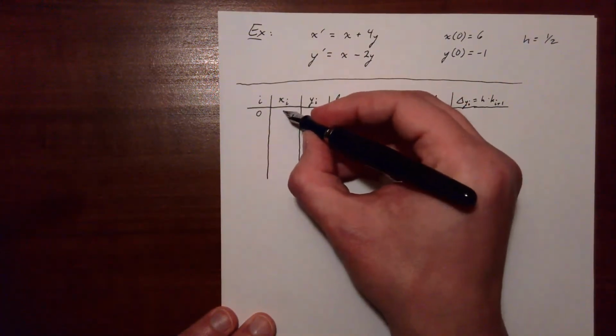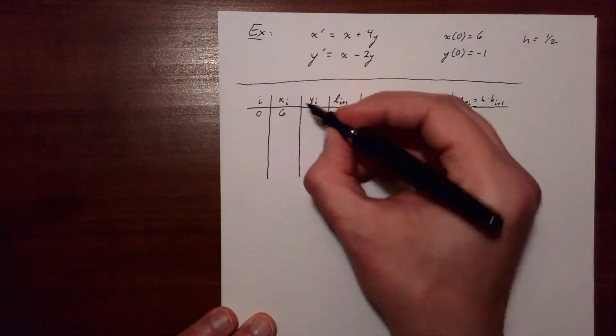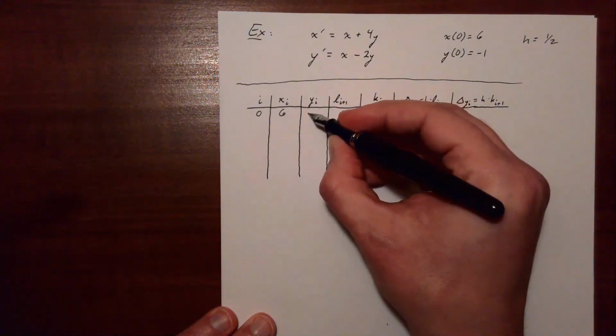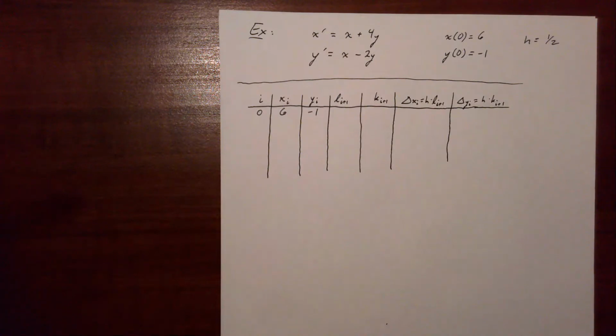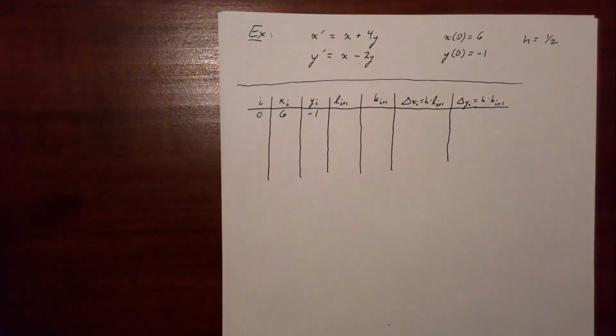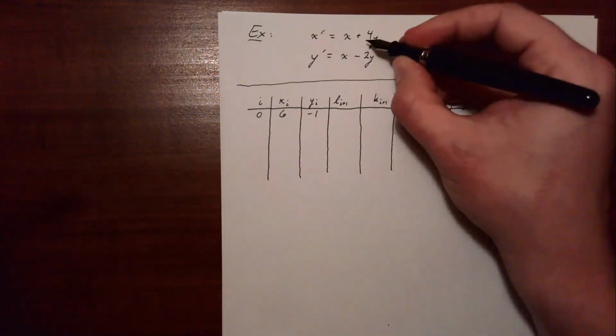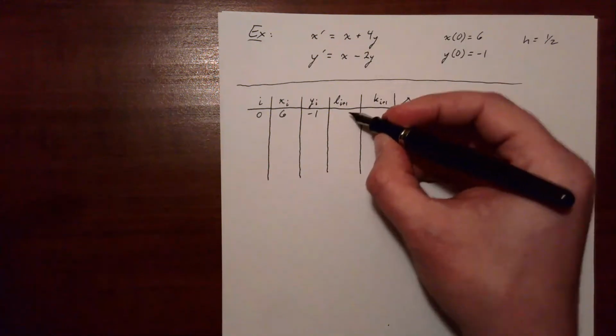Okay, so to start with, we just have our initial conditions. So x starts out being 6, y starts out being -1. Now to figure out the first l, we just take the x and the y and plug them into the formula here.